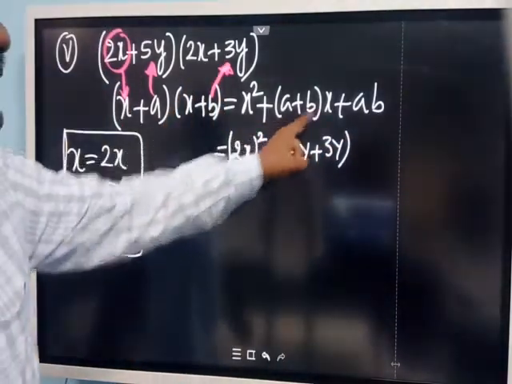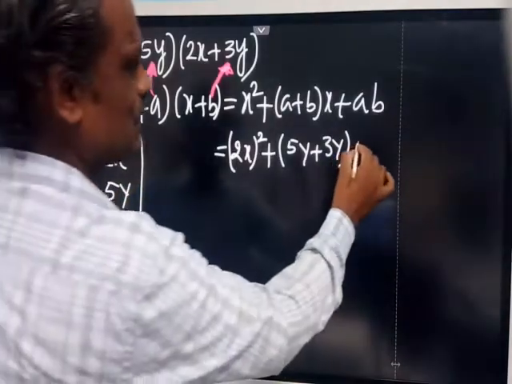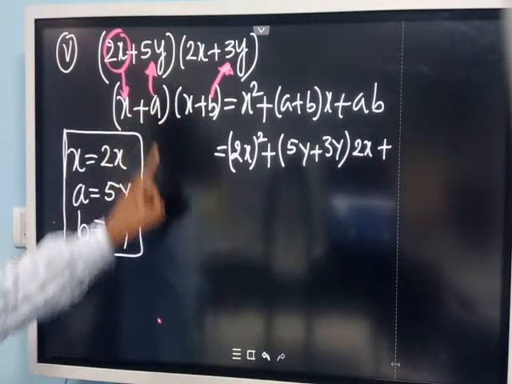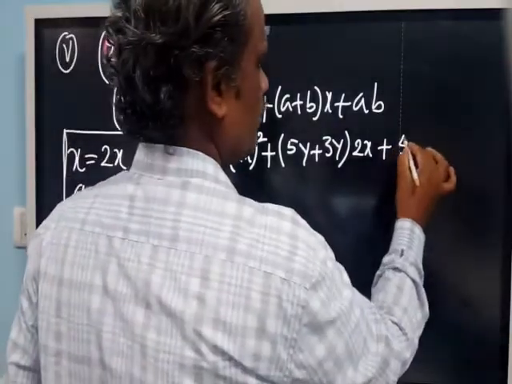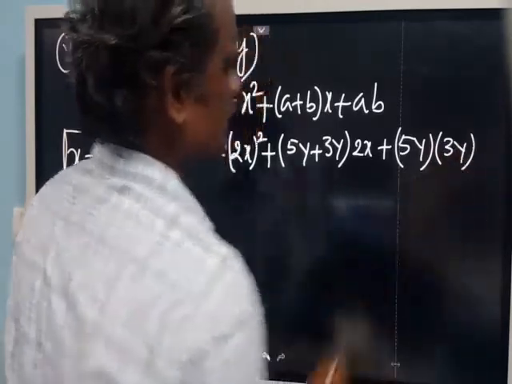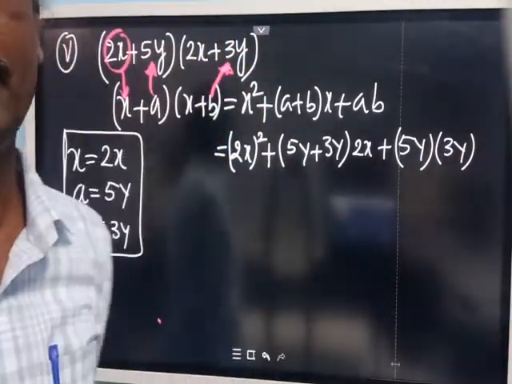Then what is x? Again you have to write in place of x as 2x, then plus, what is a value? 5y into 3y. AB, 5y into 3y.